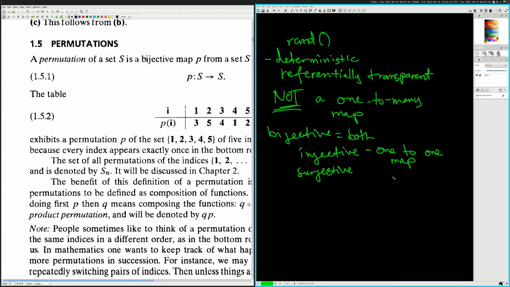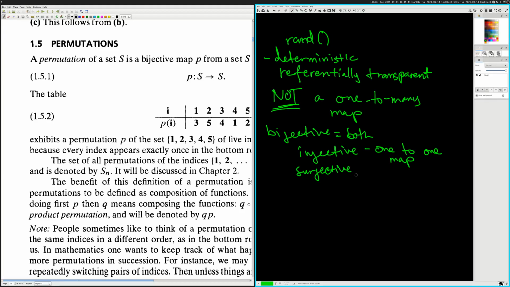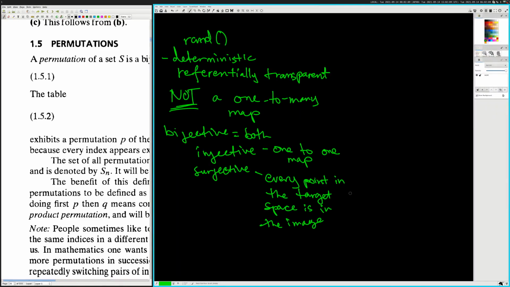I'll give examples of all of these. And surjective means every point in the target space is in the image of the function. So let me give you some examples of functions that are one but not the other.